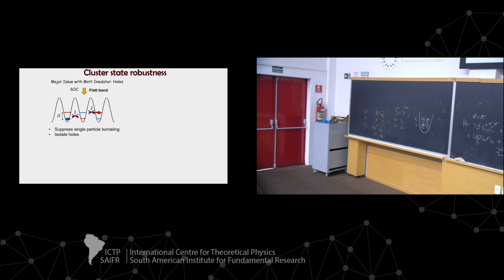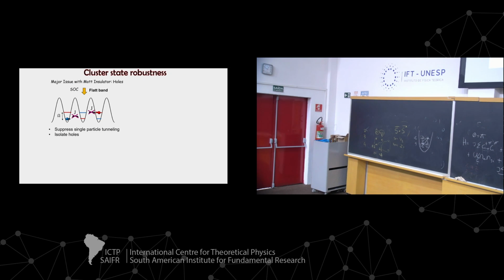In ultra-cold atoms, when people look at super exchange, as I was mentioning before, one of the big complications is that it's very hard to have a full unit system.